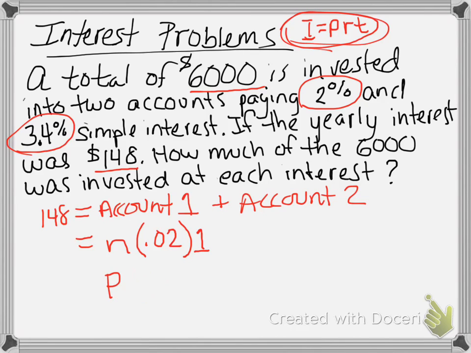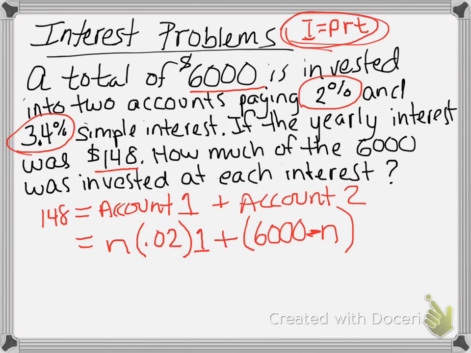Okay. So then the second account, you don't know how much goes in there either, but you can't call it another variable. But you do know that whatever went into that account is $6,000, take away whatever went into the first account. So that's how you can get away with having just one variable.